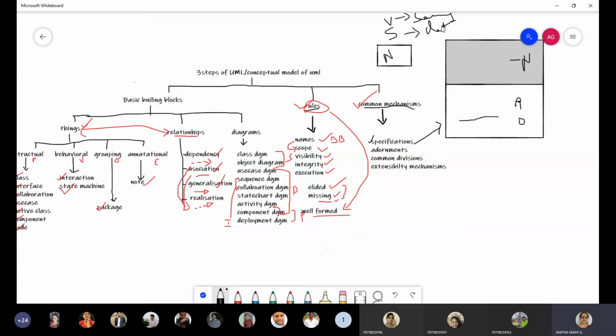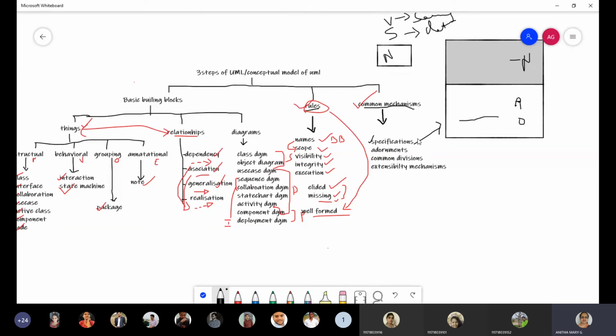That is the difference between visualization and specification. Visualization means what exactly you can see, whereas specification gives complete details, not only visualizing. So that is the specification.